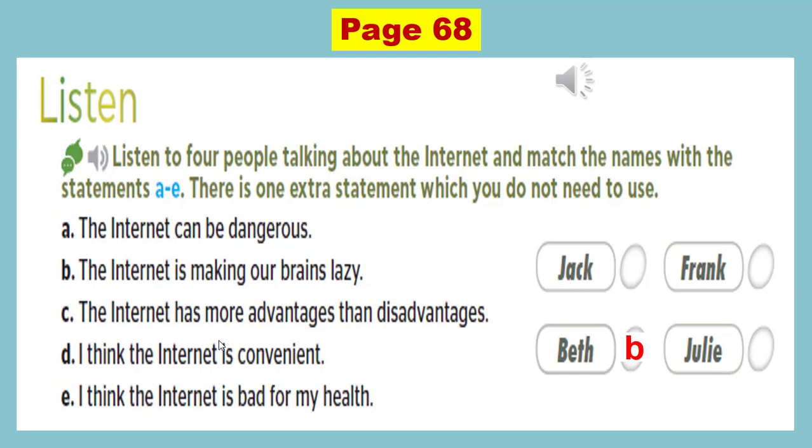Jack, on the other hand, thinks that the internet is bad for his health, which is E. Julie believes that the internet can be dangerous. The answer is A. And finally, Frank thinks the internet is convenient for his lifestyle nowadays. So the answer is D.